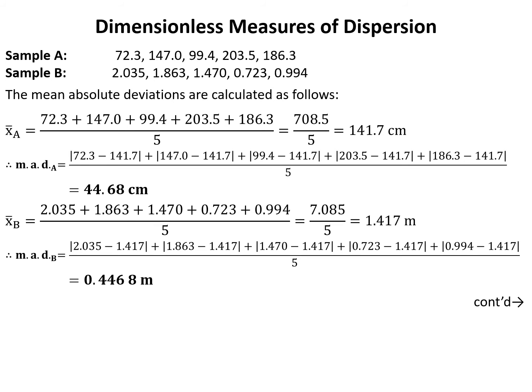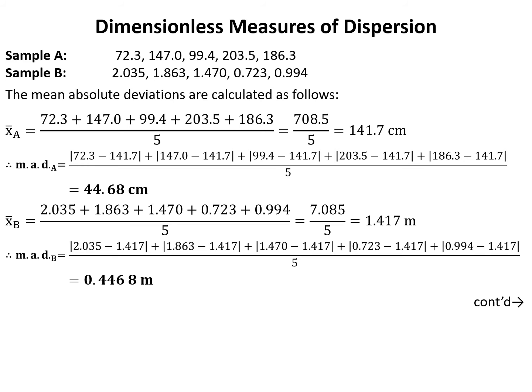We end up with an MAD for sample A of 44.68 centimeters and an MAD for sample B of 0.4468 meters. Now notice, there are a few things to notice here. Obviously, you can plainly see that we have a larger value for the MAD A versus the MAD B. At first glance, that's obvious.